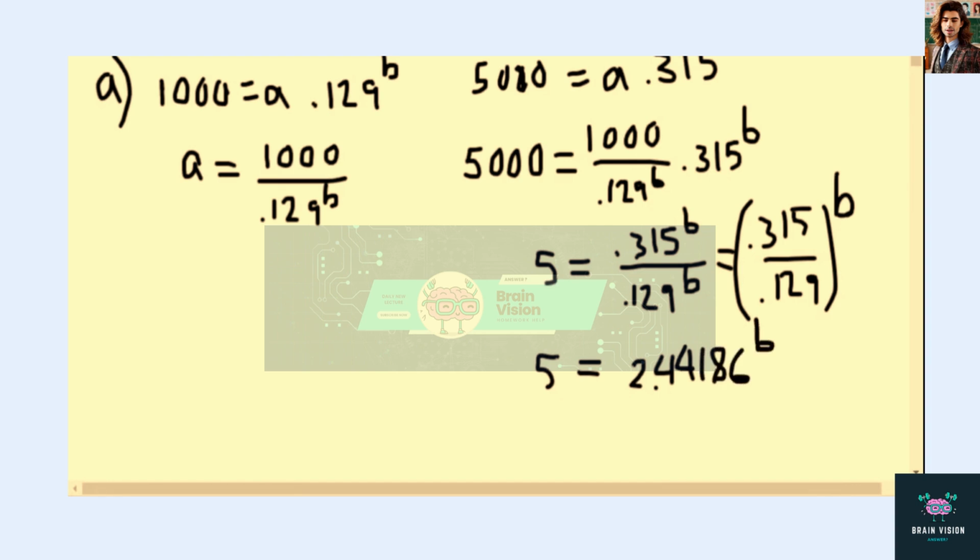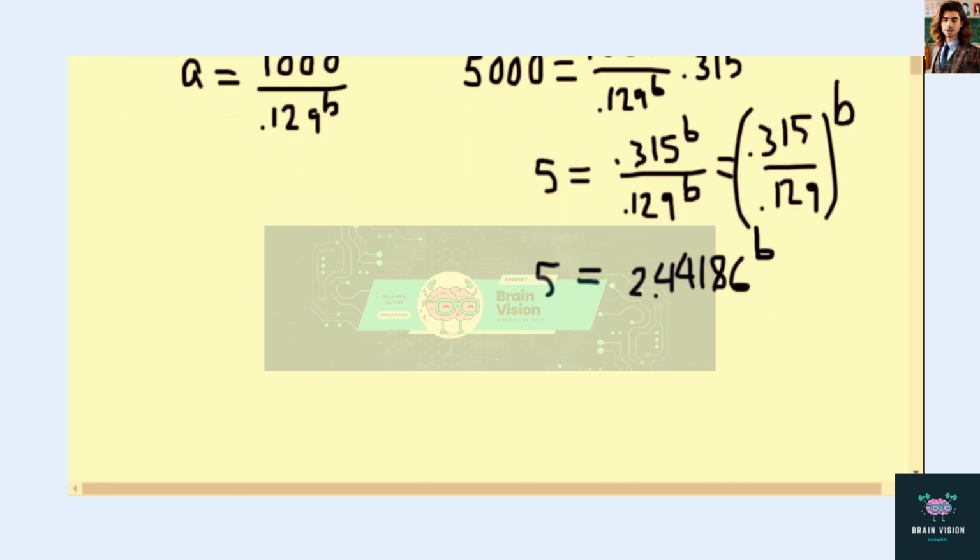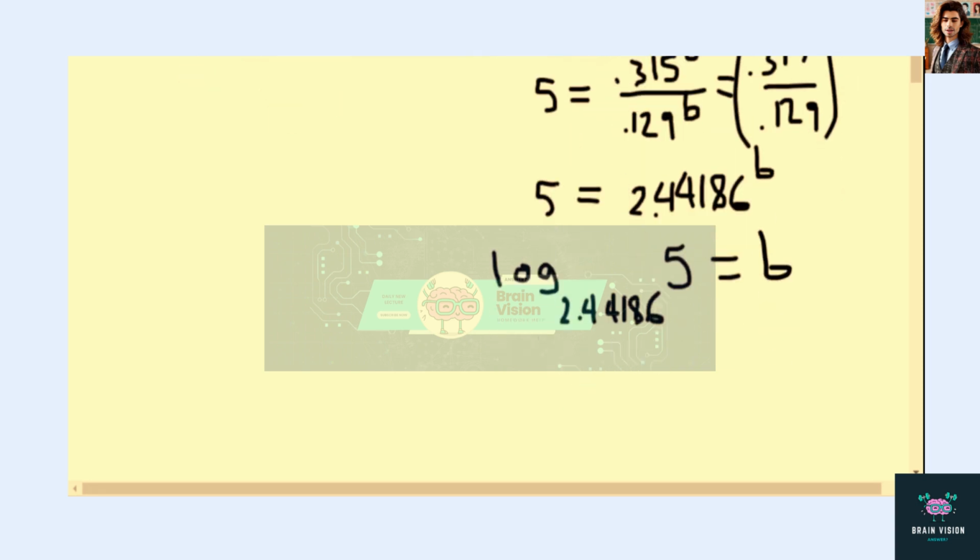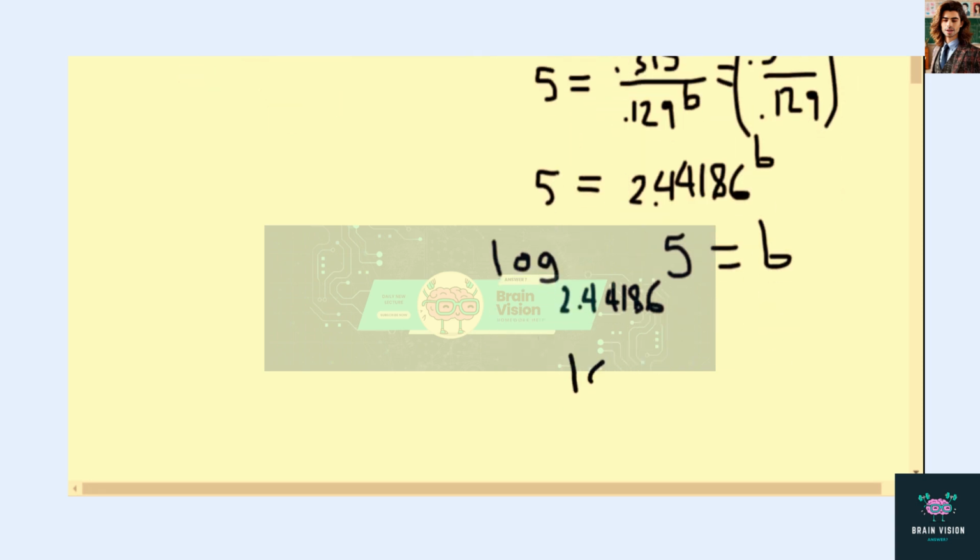2.44186 to the B power. So the log base 2.44186 of 5 is B. And that would just be the log of 5 over the log of 2.44186 using a change of base formula.